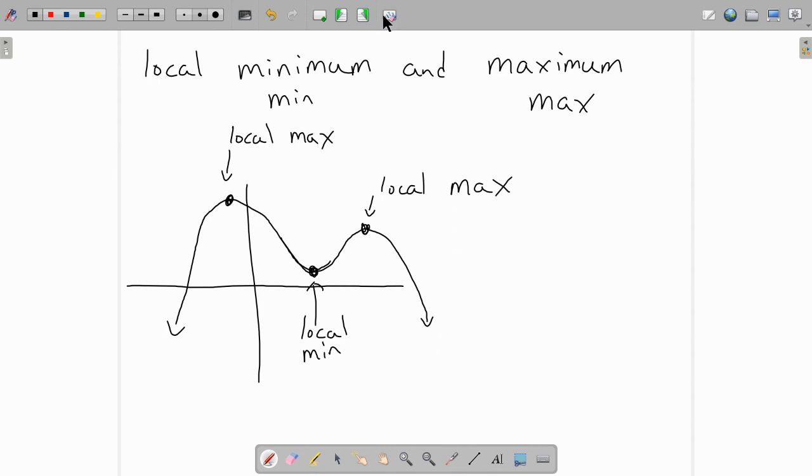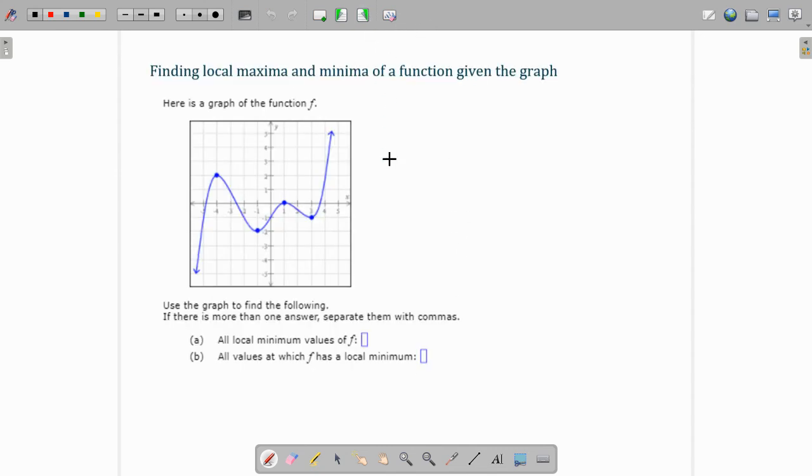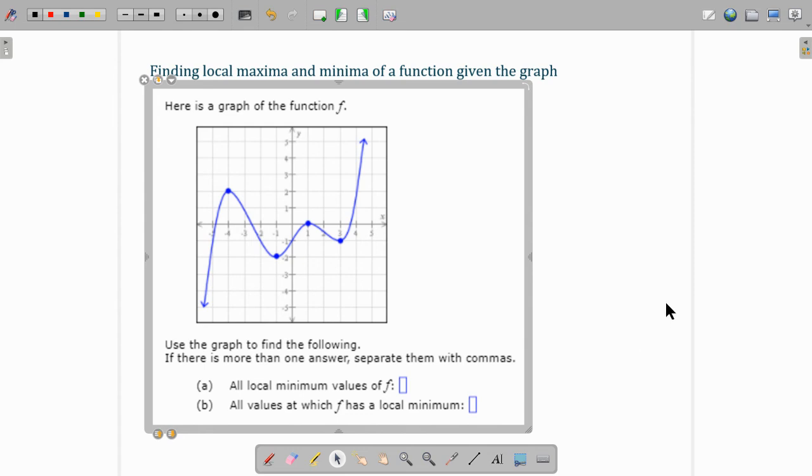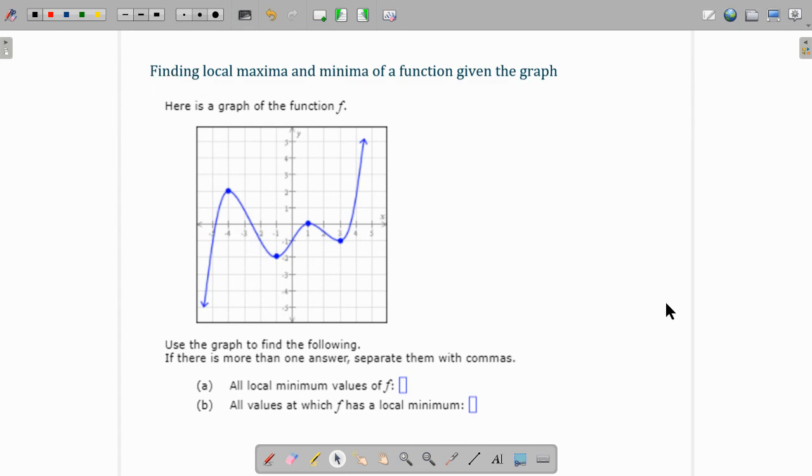All right. So on Alex, not a bad question. They want you to find all local minimum values. So A are the y values at which f has a local min.